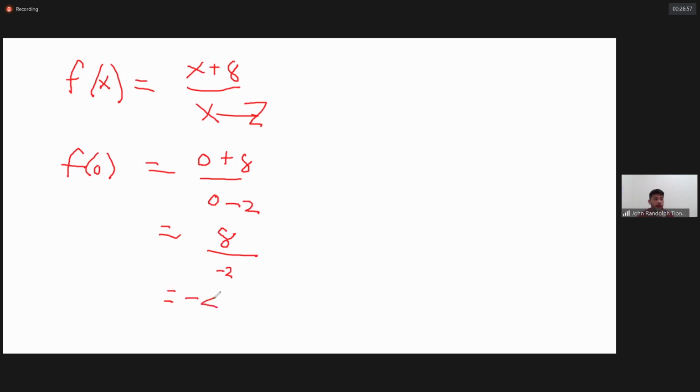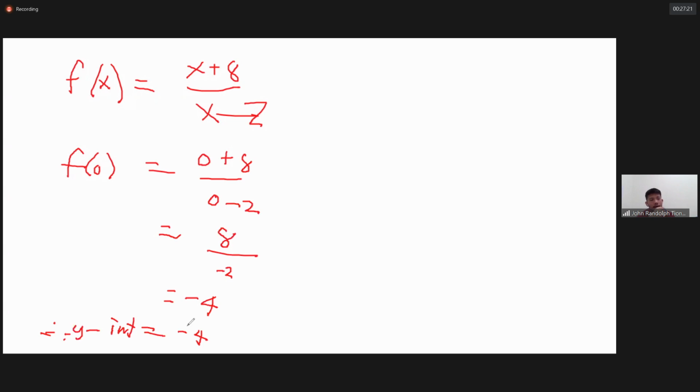Therefore, you have there negative 4. So yung y-intercept mo dito is just simply equal to negative 4. You are going to substitute 0 for x, and then you're just going to simplify. Okay, that is your y-intercept now.